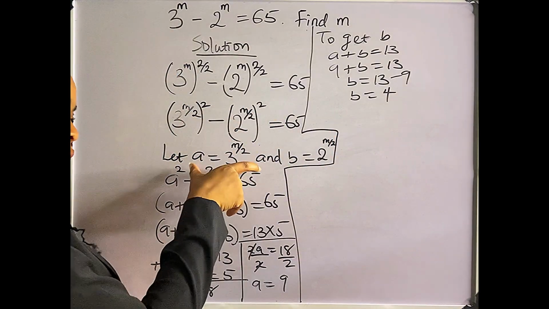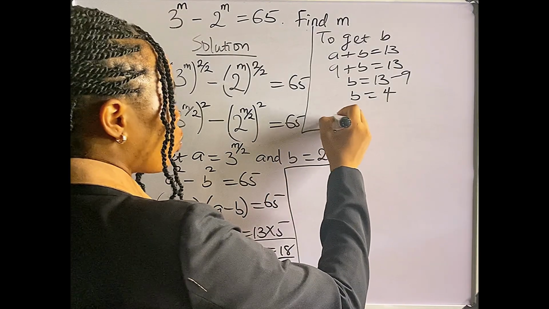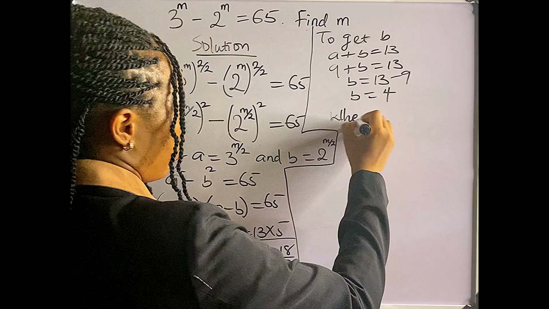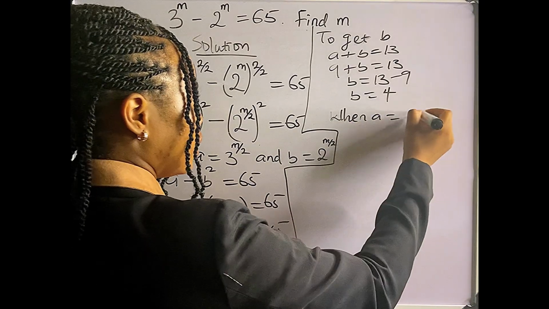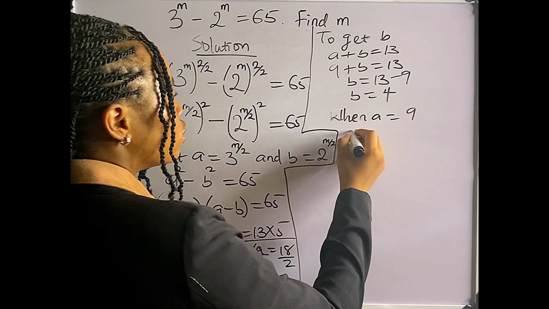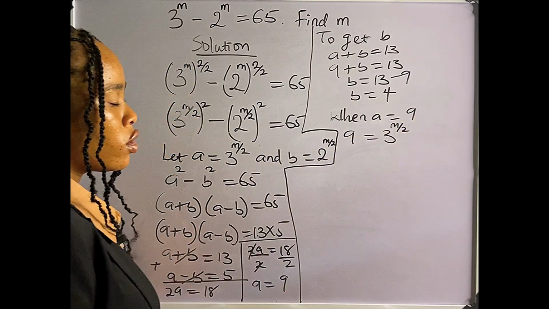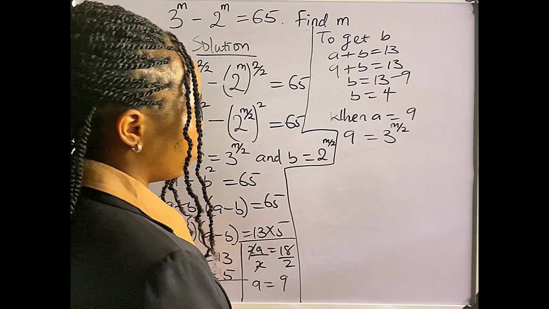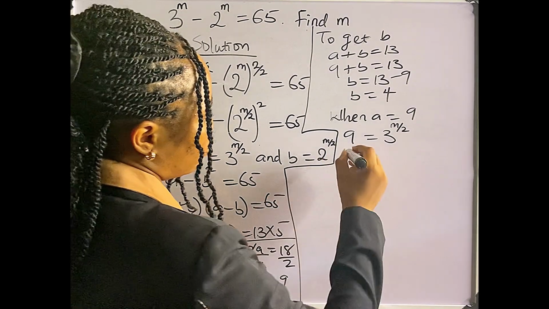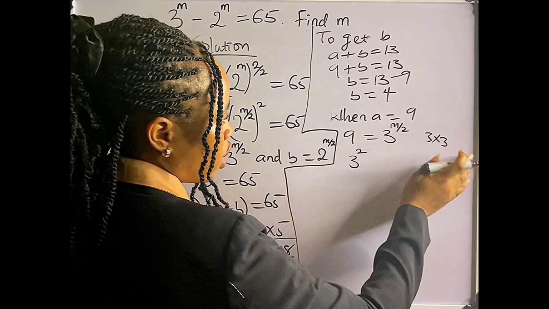So coming back here, because we are looking for m, when a equals 9, we have that 9 equals 3 raised to the power of m over 2. You see that 9 can be expressed as a power of 3. That is 3 raised to the power of 2, that's 3 times 3, which is 9.